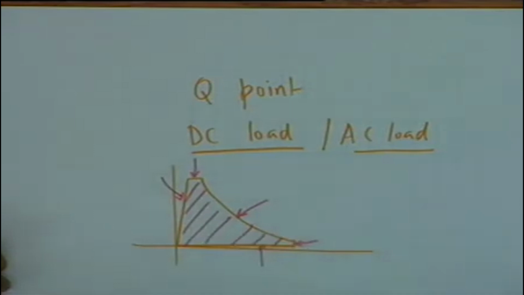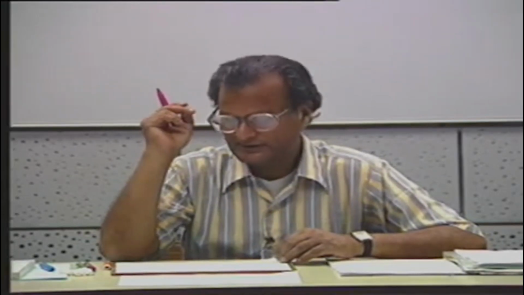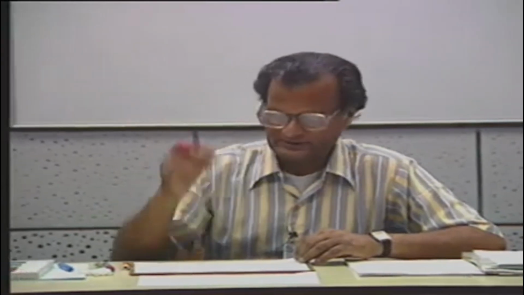Now in this region also, the choice of Q point, as we had illustrated last time, has to be done quite carefully, and in order that you get the maximum possible power to the load, the transistor has to be driven to its ultimate limit, which constrains that the Q point must be on this line.